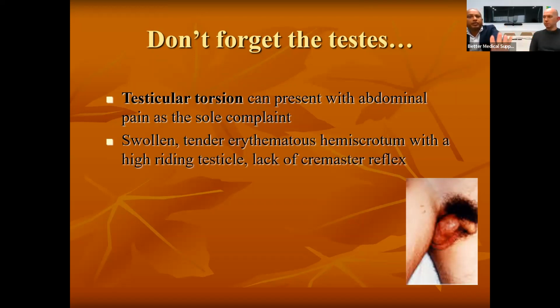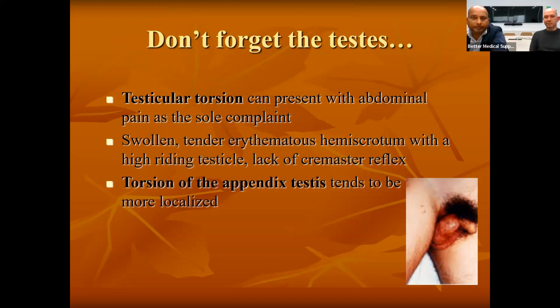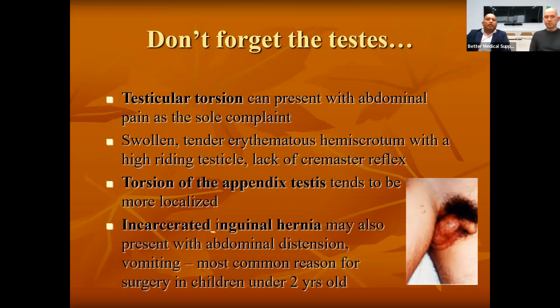This is the typical presentation, but what you and I get is not a typical book presentation. Incarcerated inguinal hernia comes with abdominal pain, more in premature or extremely premature babies and young babies.